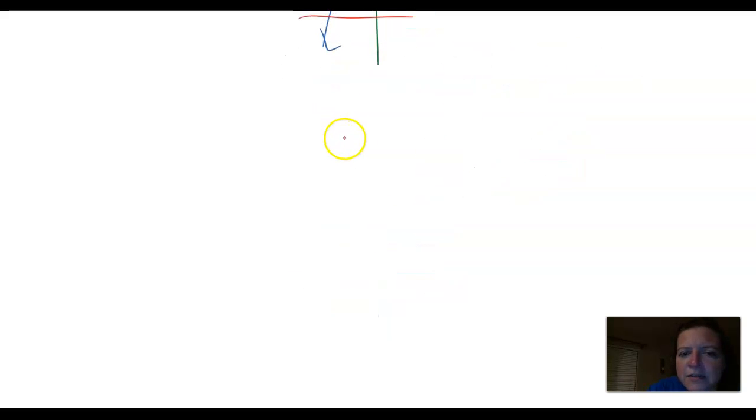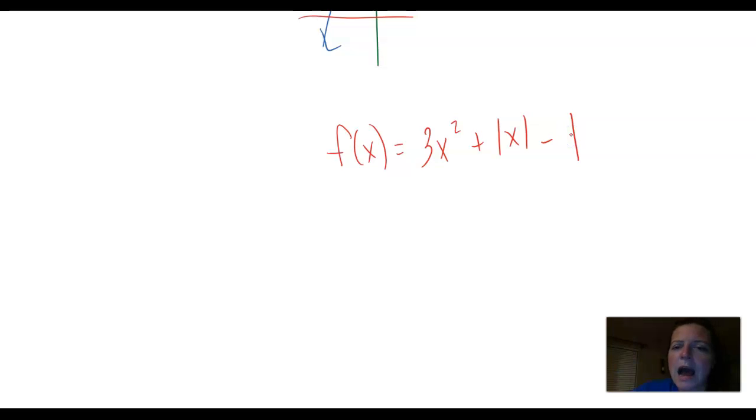And if you know that, it's very powerful, because if someone gives you something like 3x squared plus the absolute value of x minus 1, I don't know what this looks like. You don't know what this looks like. But I know that this is probably not going to have an inverse function, because if you think of this parent function, this would be a parabola, fails the horizontal line test.